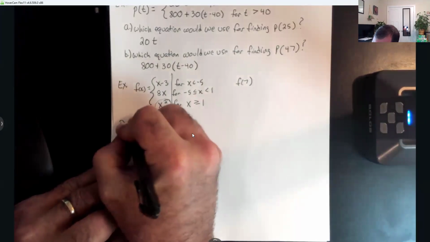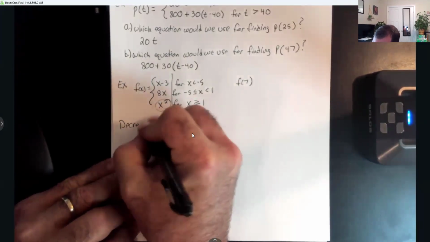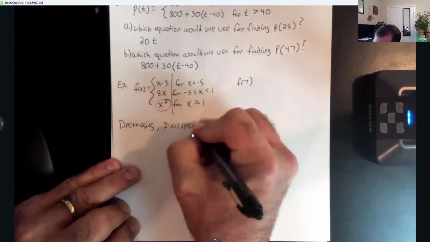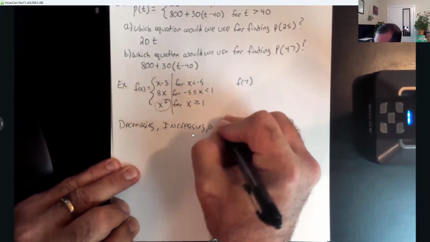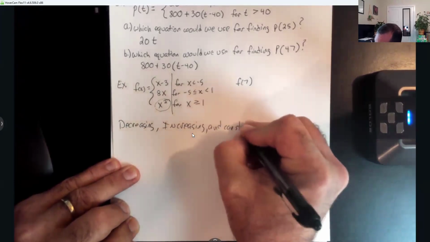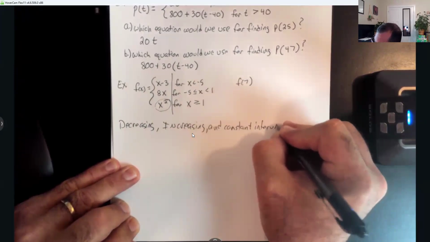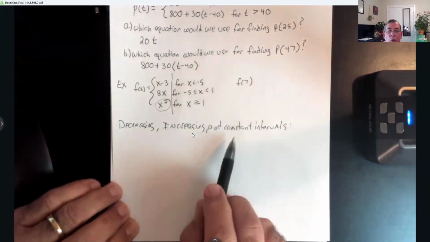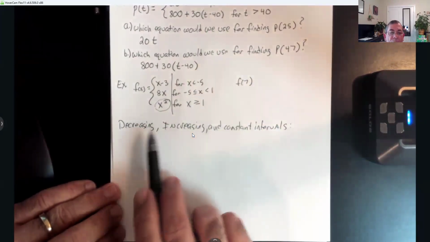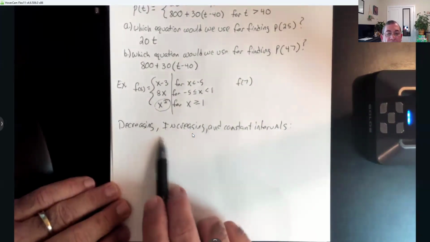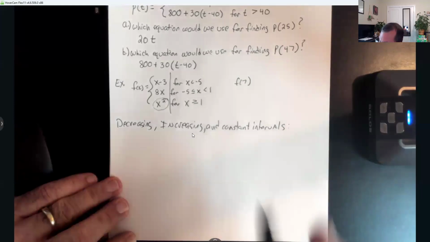So this will be decreasing, increasing, and constant intervals. So the new one is the constant, okay? We've already played with increasing and decreasing.